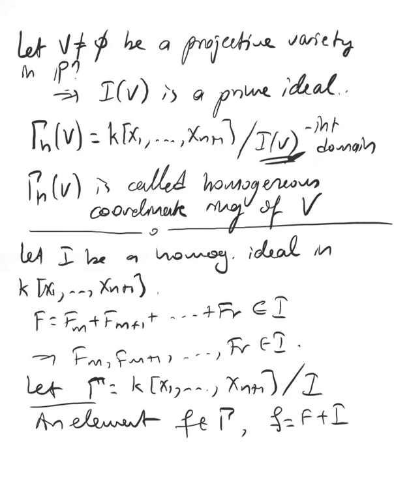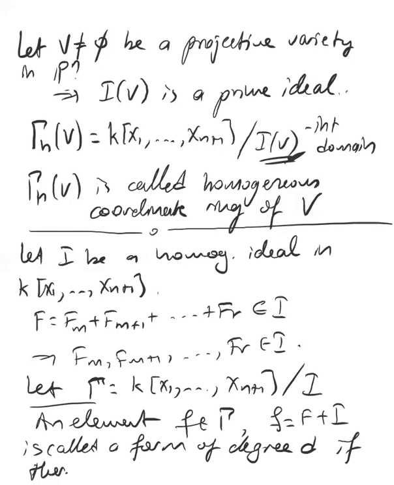This is called a form of degree d if there's a form F of degree d such that f can be written like this.